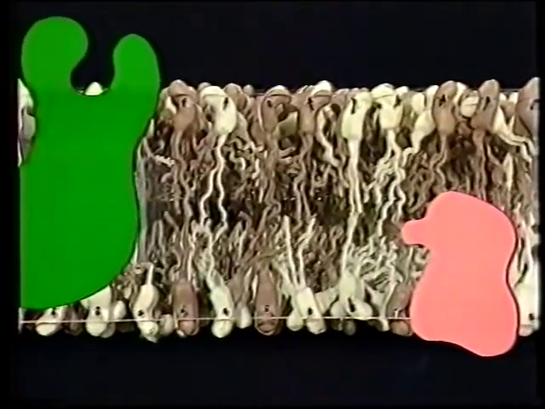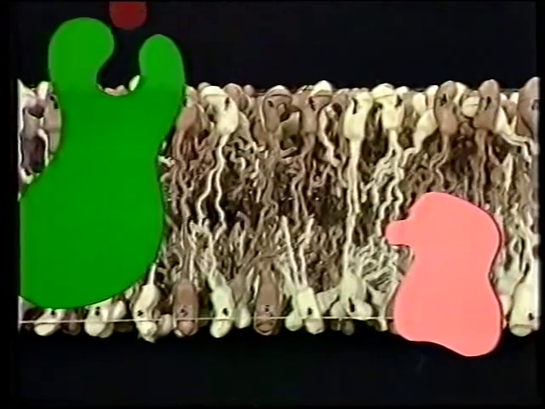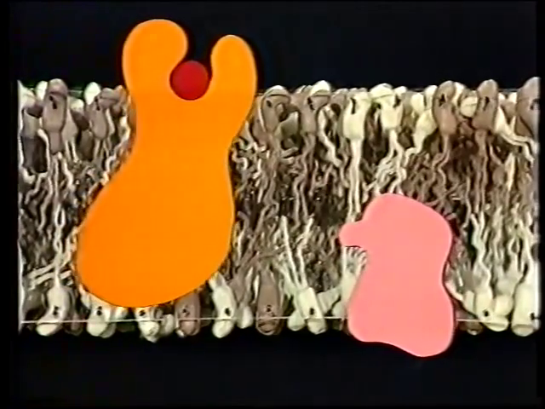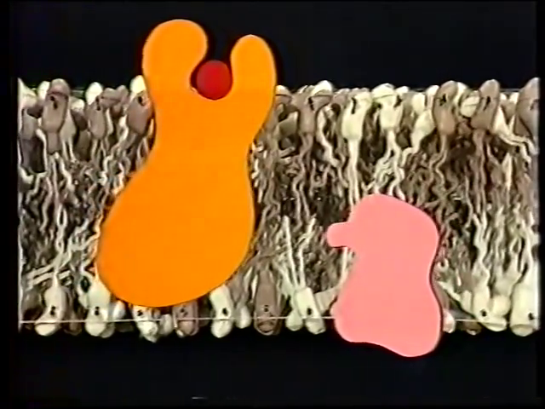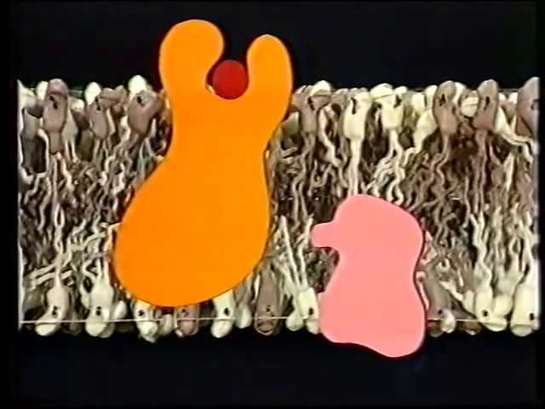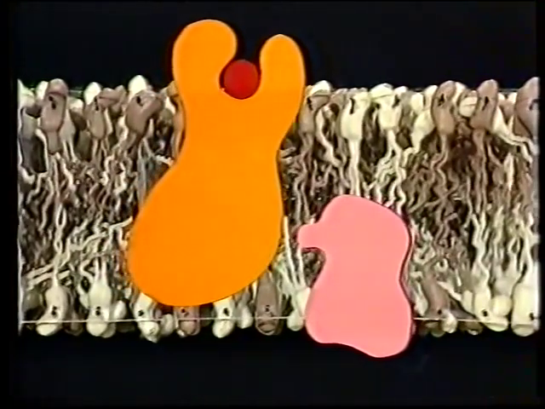But when the hormone is present, and this binds to the receptor, it activates the receptor such that a subsequent meeting of the hormone receptor complex with adenylate cyclase now results in the production of cyclic AMP.